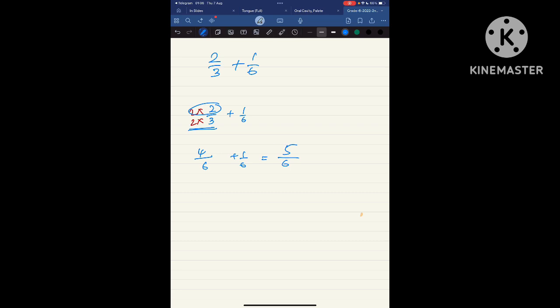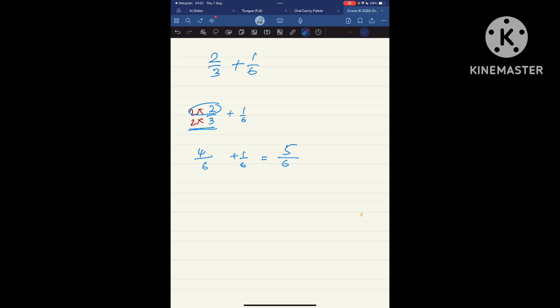How did I do it again? See, this 1/6 is common, right? Now I'm going to make this 2/3 into sixths because I can see that 3, when multiplied by 2, forms the 6. So whatever I do to the denominator, I have to do it to the numerator as well.